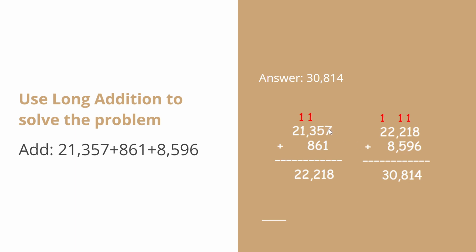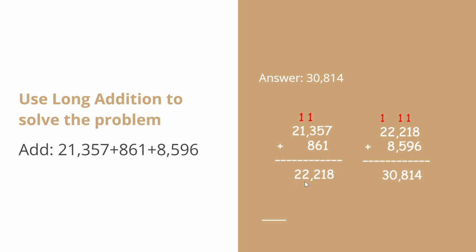So first, 7 plus 1 is 8, 5 plus 6 is 11, so we write 1 in the bottom and 1 in the top. 3 plus 8 is 11, plus 1 is 12, so we write 2 in the bottom, 1 in the top. 1 plus 1 is 2, and 2 plus nothing, so we write 2.